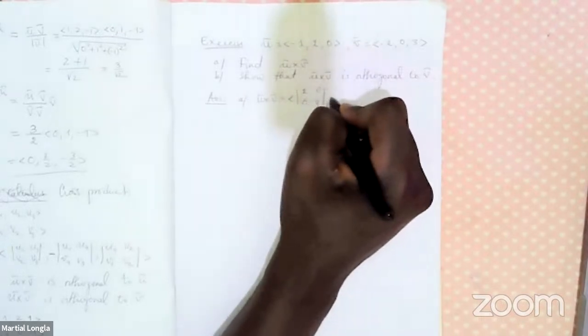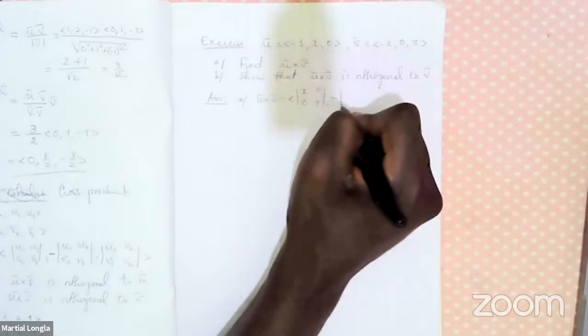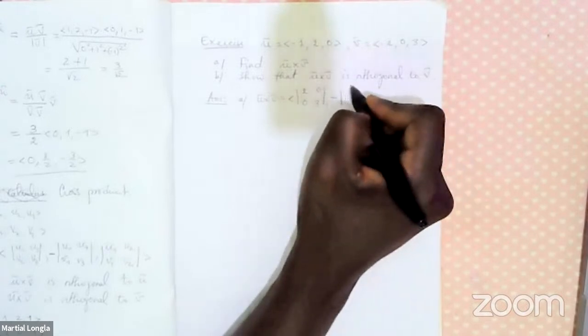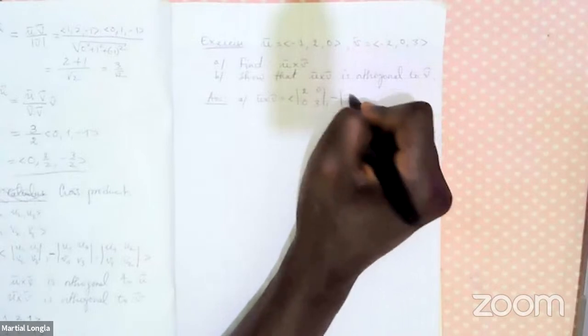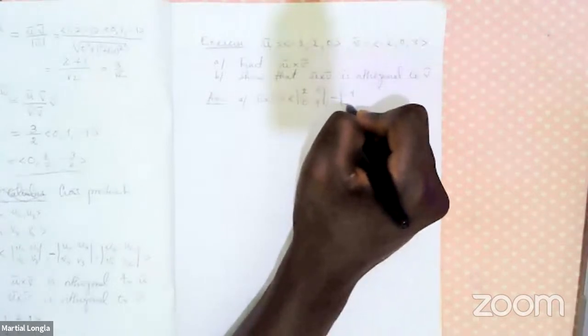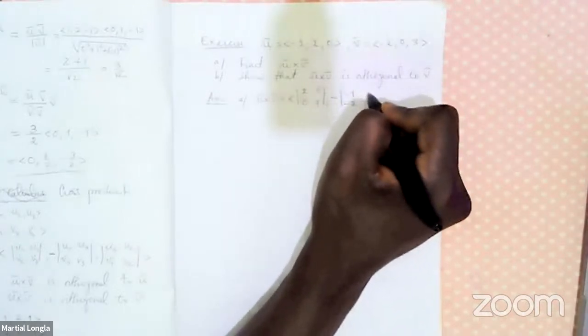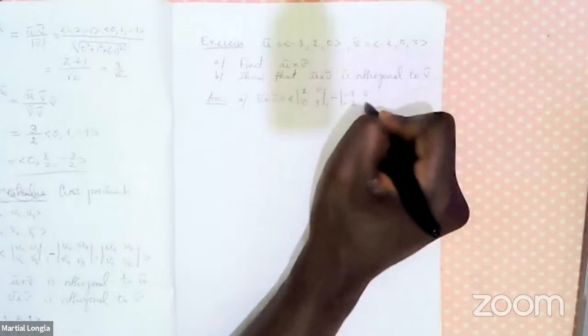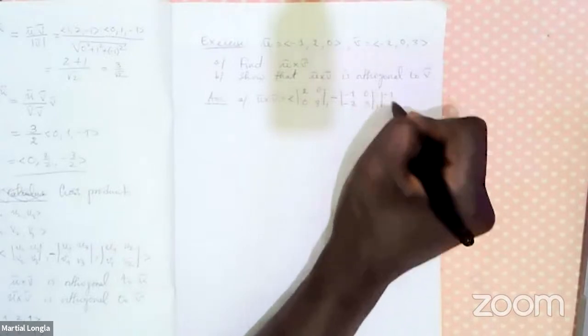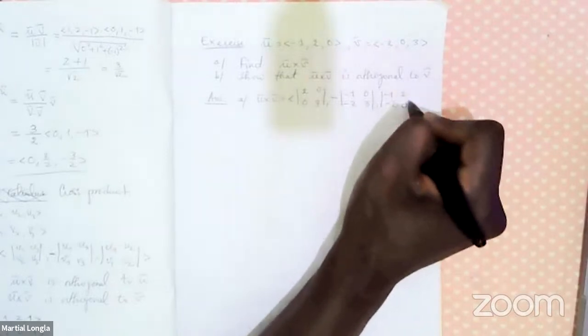And then minus, -1, -2, 0, 3. Yep. And then it's -1, -2, 2, 0.